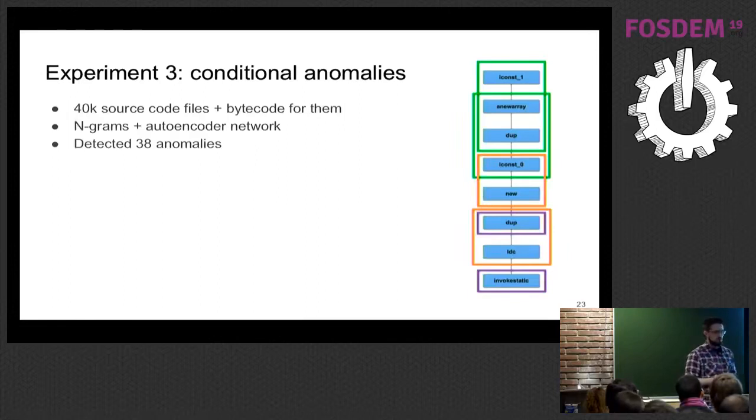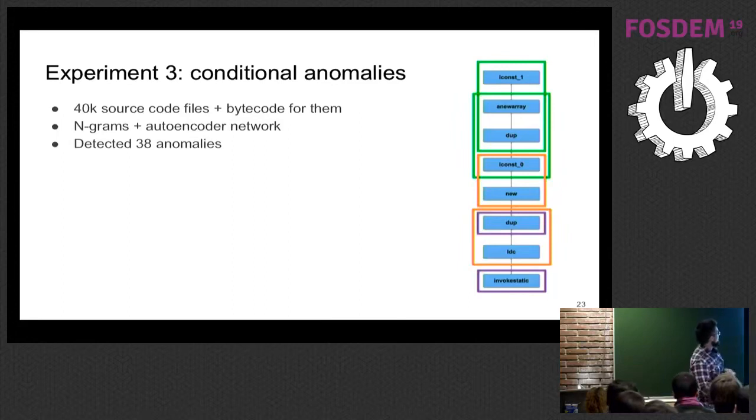That way, we managed to grab around 40,000 source files and bytecode for them, so we can compare the anomalies. The approach was the same, using n-grams and an Auto-Encoder network, and we looked for anomalies in one case and not anomalies in another.